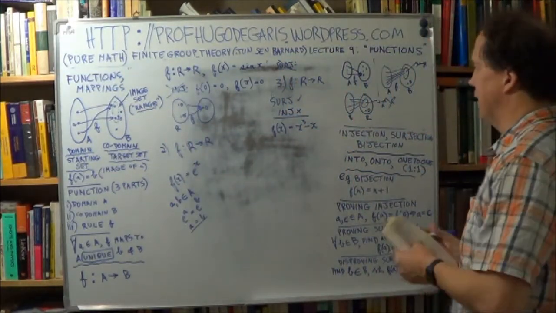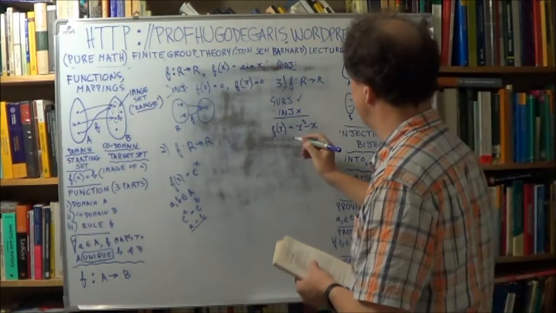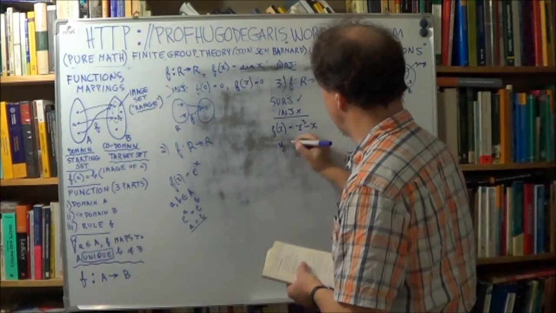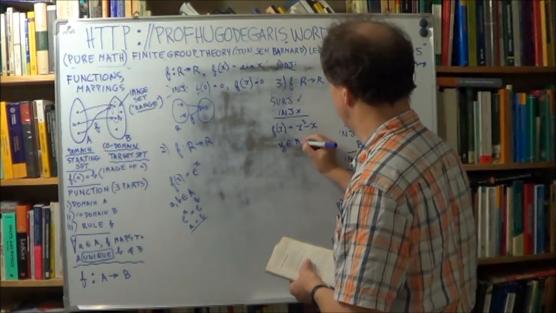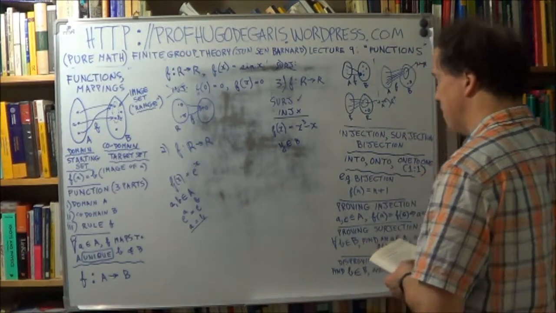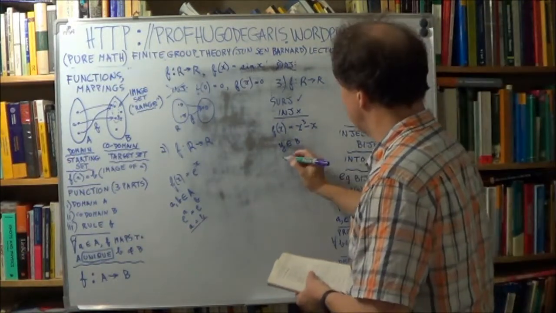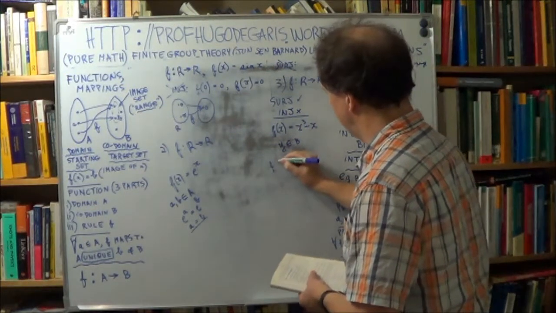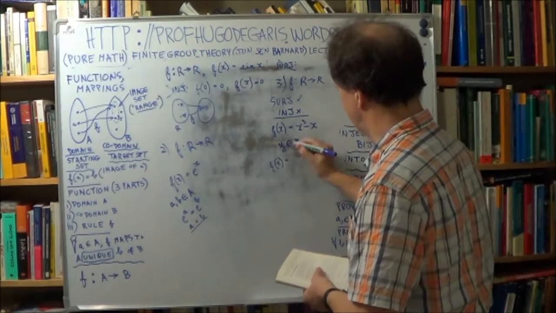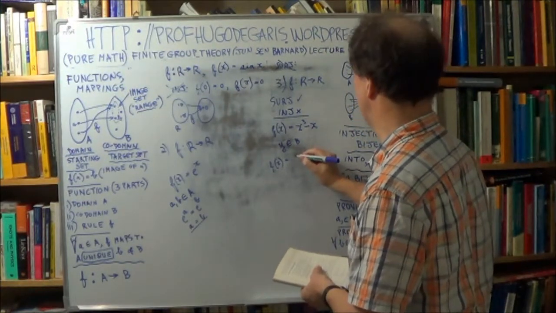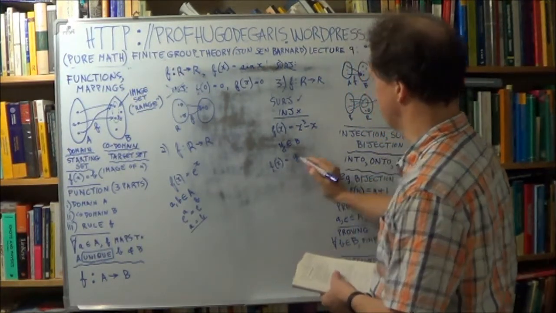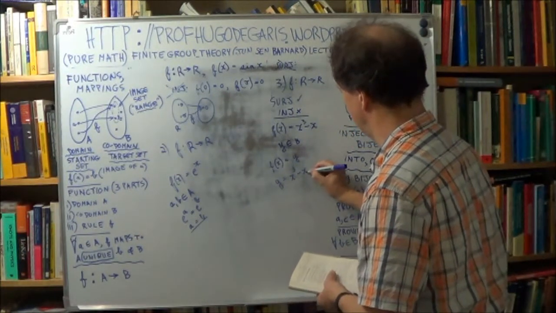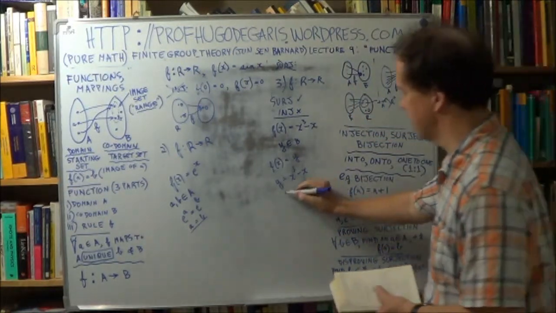So choose an arbitrary y belonging to B, and we're trying to find an x such that f of x will be equal to y, because it belongs to B. So y then equals x cubed minus x.